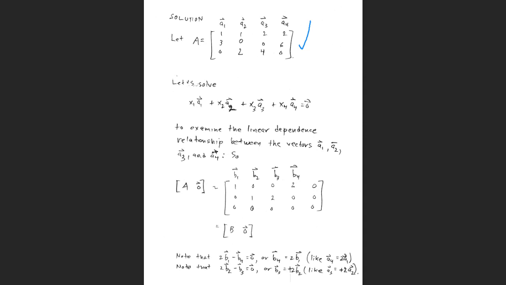And what we can do is solve this vector equation: take the linear combination of the vectors and set it equal to the zero vector to examine the linear dependence relationship between the four vectors.